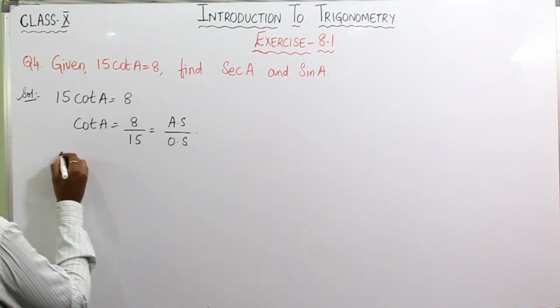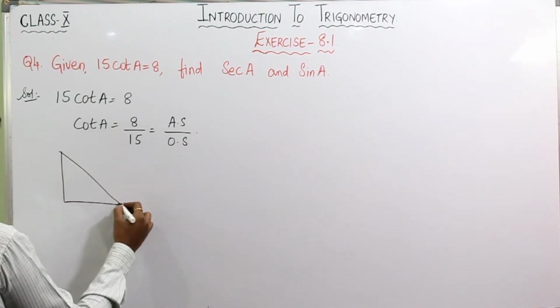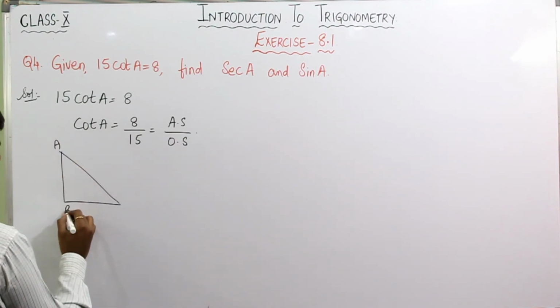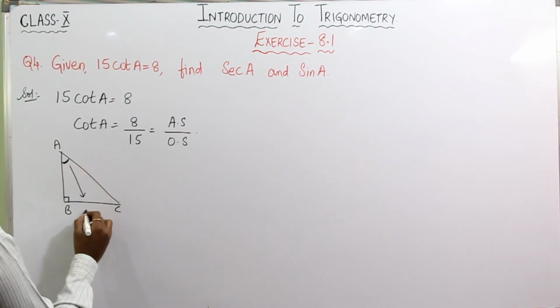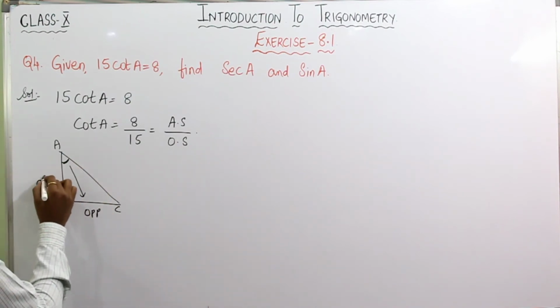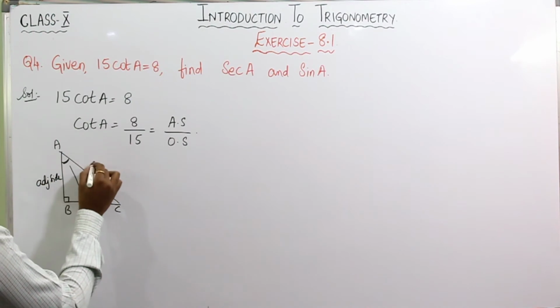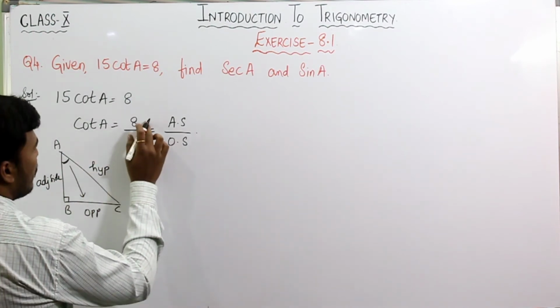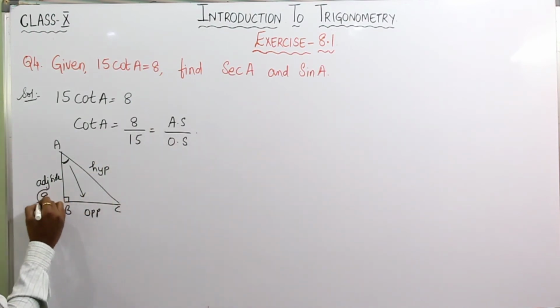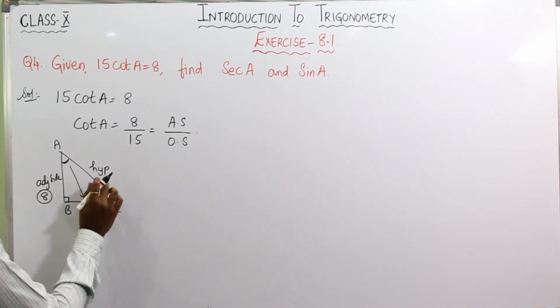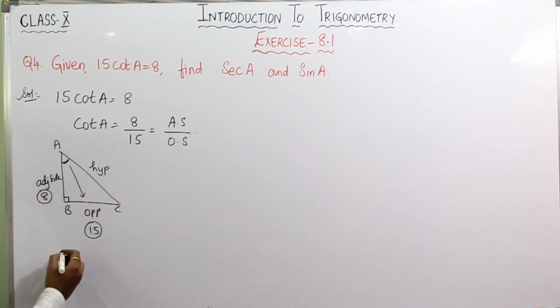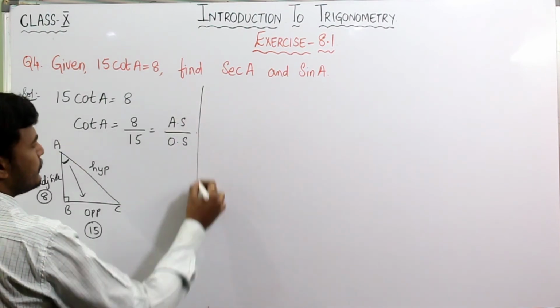Okay, so let us draw a right angled triangle ABC, right angle at the point A. This is the opposite side, the adjacent side, and this is the hypotenuse. So the adjacent side is given as 8 centimeters, and the opposite side is given as 15 centimeters. Let us find the hypotenuse first by Pythagoras theorem.